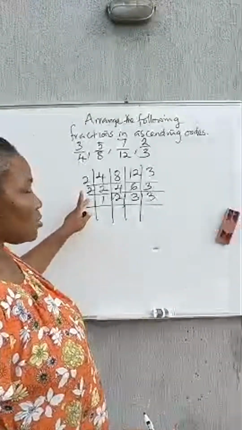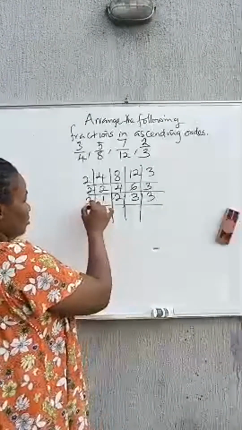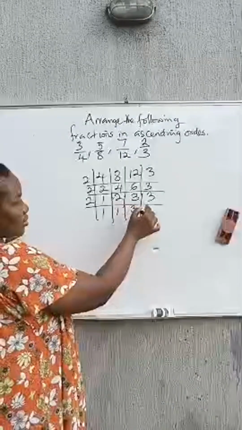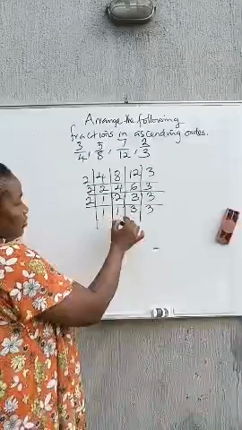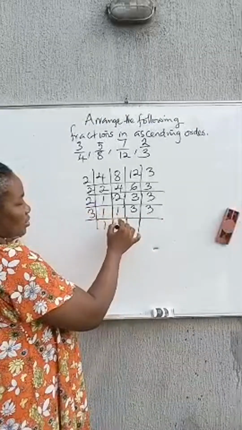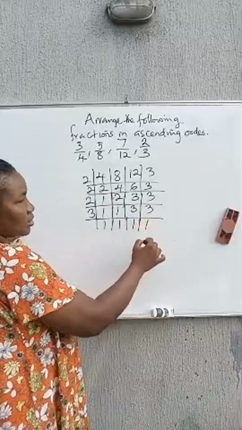We are still going to use 2. 2 into 1 is 1, 2 into 2 is 1, 2 into 3 is 3, 2 into 3 is 3. Finally, we use 3. 3 into 1, 3 into 1, 3 into 3, 3 into 3.